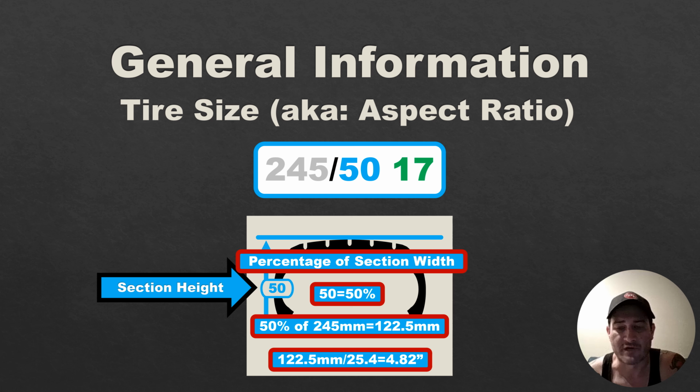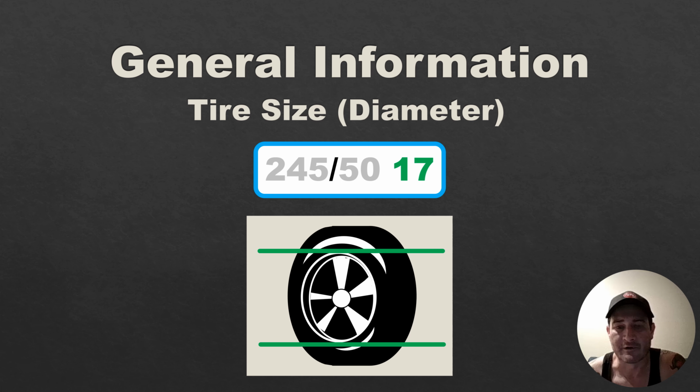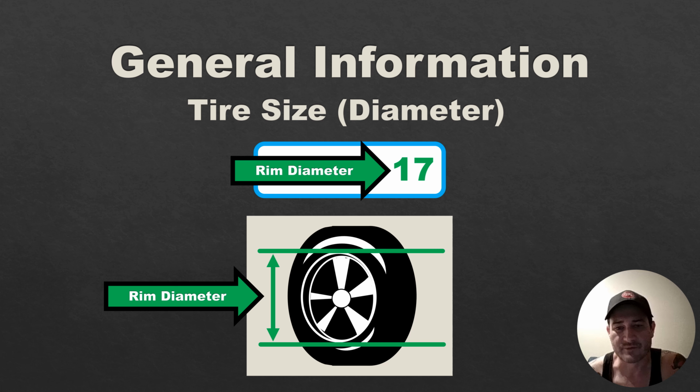It is also 4.82 inches tall. And finally, our 17 is our rim diameter, and that is represented in inches. This one is the easiest one, I guess. We don't have to convert anything.